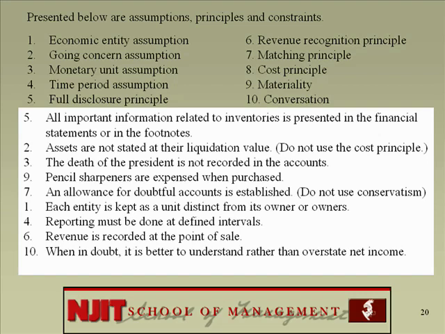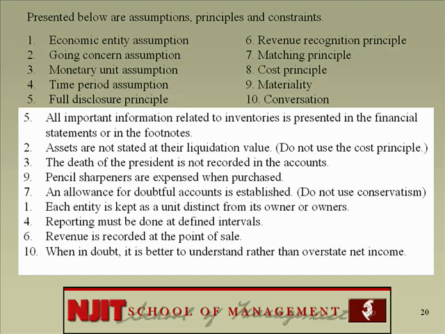What are they following? The monetary unit assumption, which is number 3. Pencil sharpeners are expensed when purchased. What are they following? 9. Materiality concept. An allowance for doubtful accounts is established. What are they following? Number 7. Matching principle.